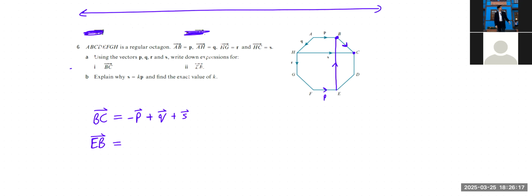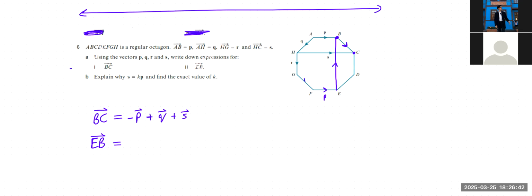Parallel and equally long vectors are equal. So that's parallel to BC. Exactly. But is FG parallel to BC or is GF parallel to BC? Direction matters. It's not, it's like the opposite of the direction that BC is going. So let's say GF is BC, right? Yeah, you can see that.